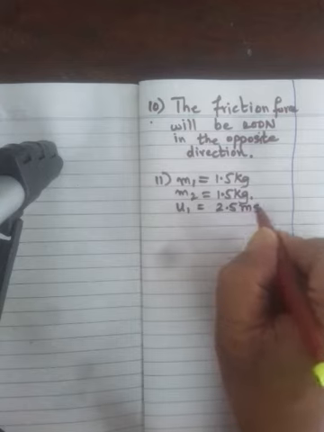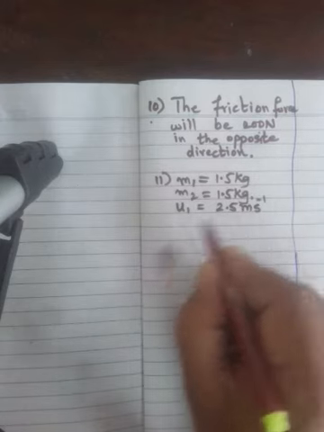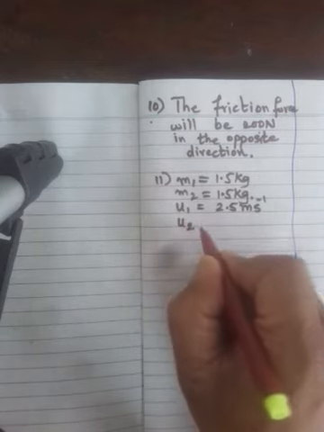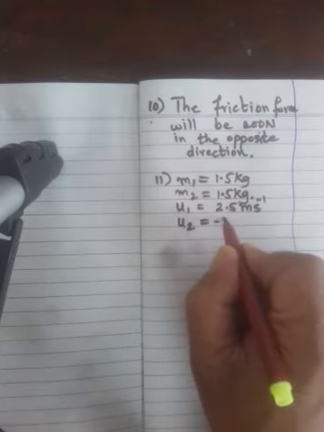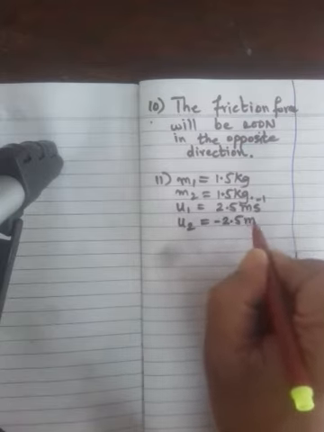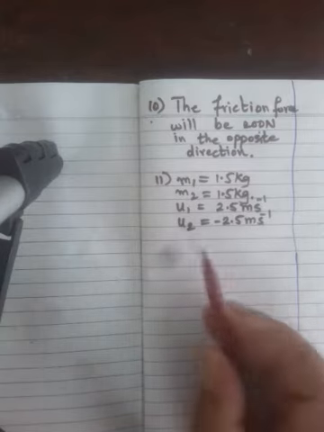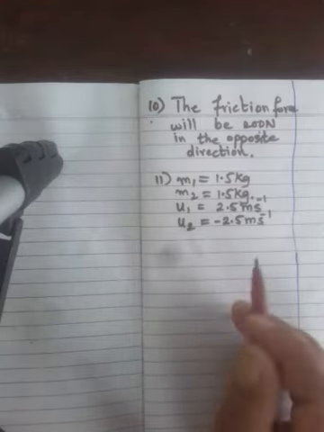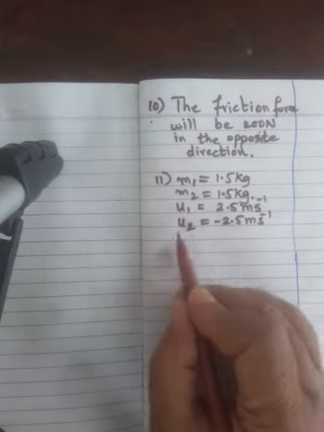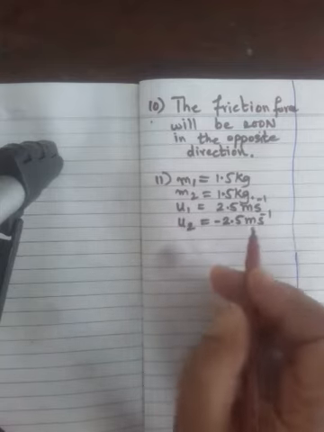So the velocity of the first object I will take as 2.5 meters per second. Initial velocity of the second object I will take as minus 2.5 meters per second. The reason for this is both are moving in opposite directions. So if one is taken positive, take the other as negative.